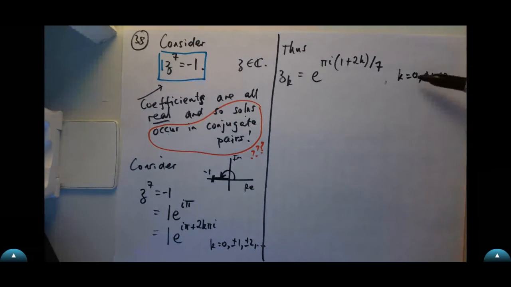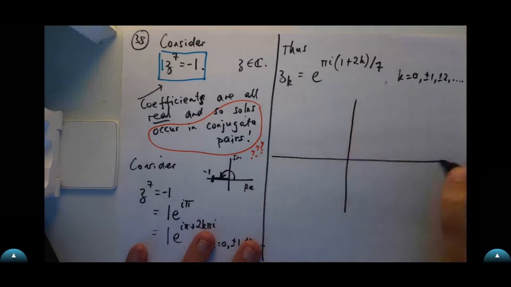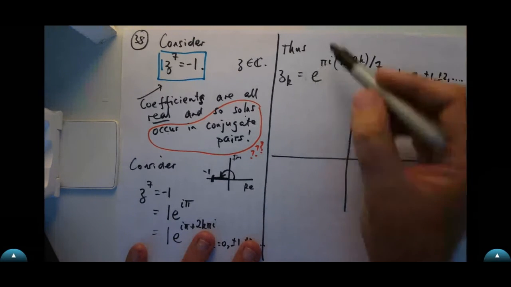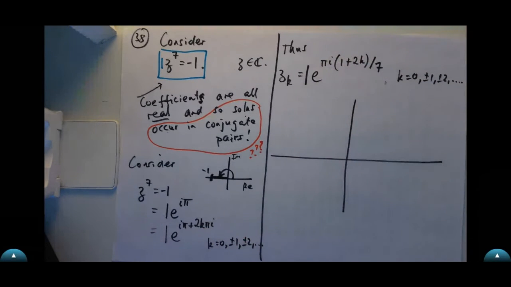Okay, so now all we really need to do is sketch these in the complex plane, and we'll see what we can find. We know it's 1 unit away from the origin, so it will lie on a circle.